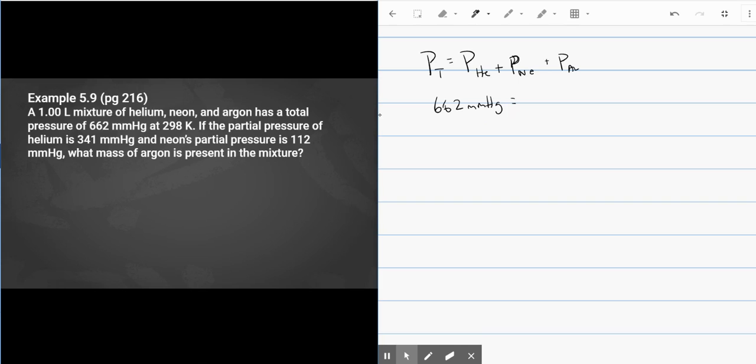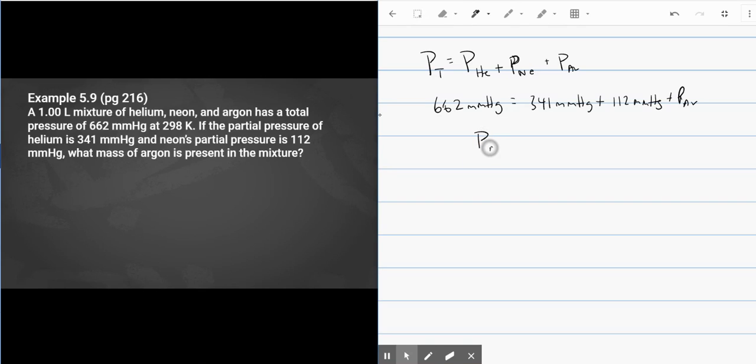And then it equals 341, that's the pressure of helium, millimeters of mercury, plus 112 for neon, plus argon's pressure, which we don't know.